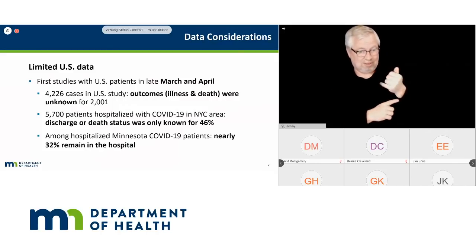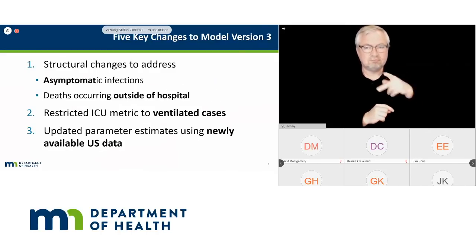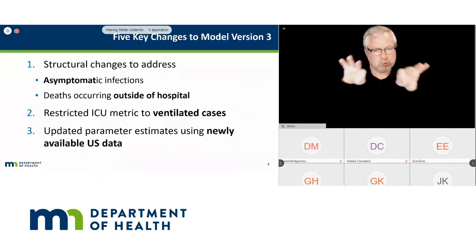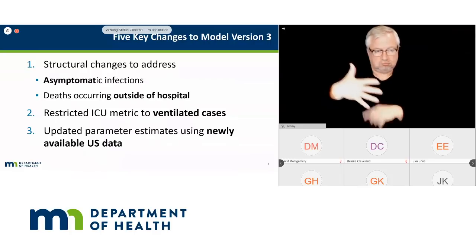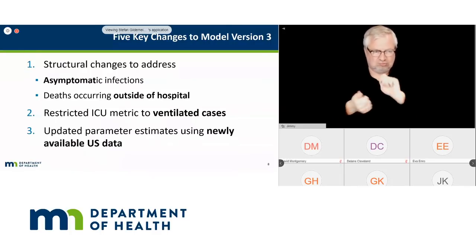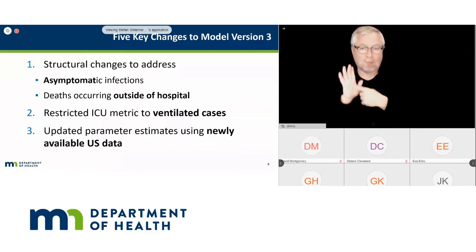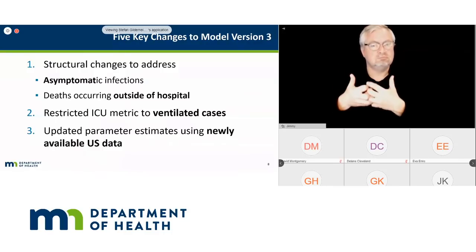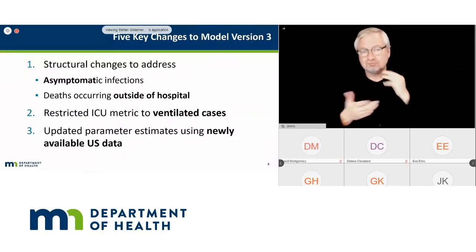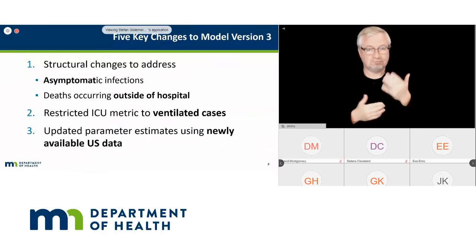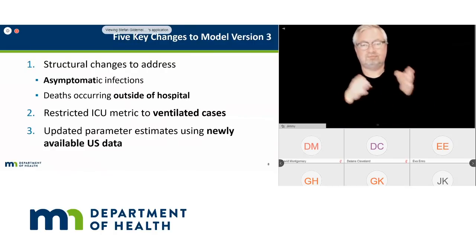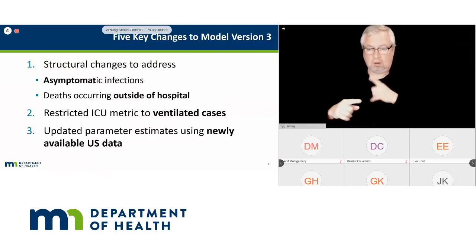from the pathogen. So here are 5 key changes that were made to the model that I want to tell you about. Number one, there are a couple of structural changes in how the model accommodates individuals moving through different compartments, from being susceptible to being exposed to becoming infected to recovering, to requiring hospitalization to recovering.